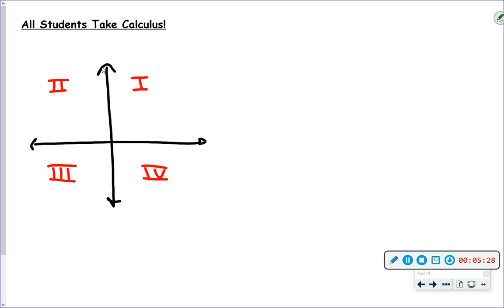So I'm going to start quadrant 1 versus word A, all. That means all trig functions are positive in quadrant 1. I'm not going to list out all 6. Really, positive in 1. Okay, next word, S, students.